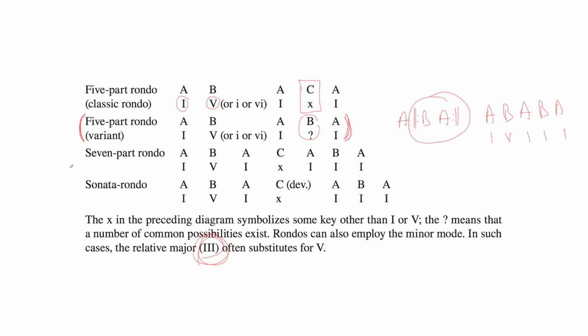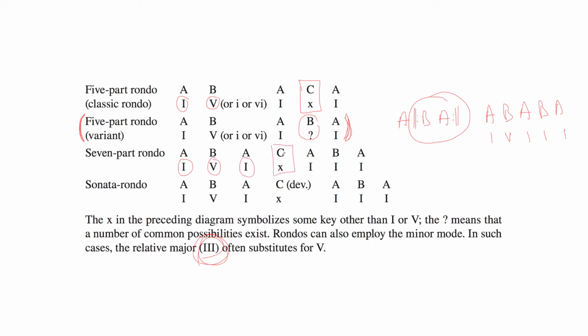Then we have a 7-part rondo. You see A, B, A, C, A, B, A, the return of B. This is the most common variant. This could also be a D, but it is rare, because to accomplish unity is more difficult with more parts. So add tonic, dominant, tonic.